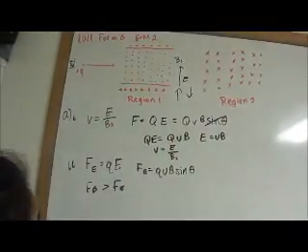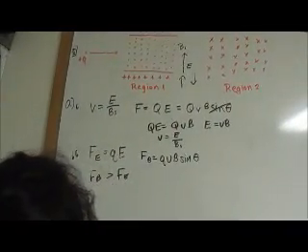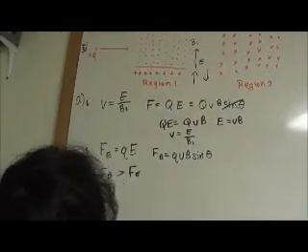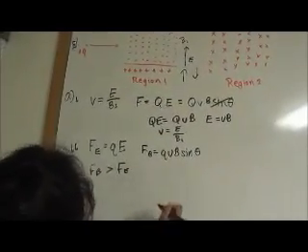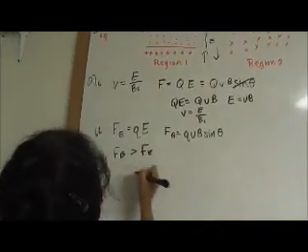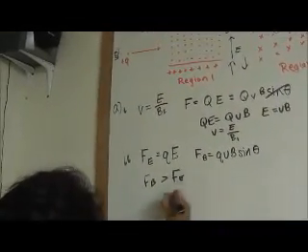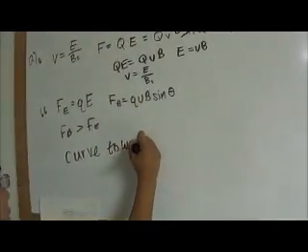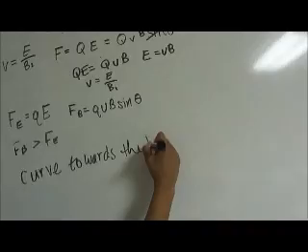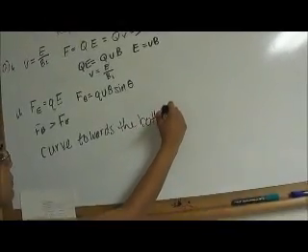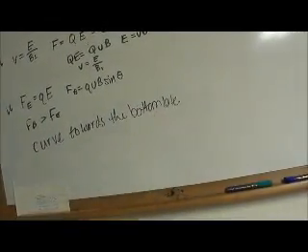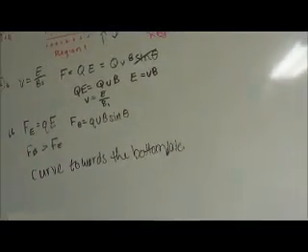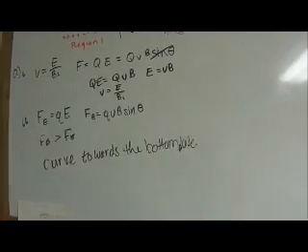But since the magnetic force is larger, the charge will be attracted to the bottom plate. And so we can expect the charge to go down and curve towards the bottom plate. And that was simply through the right-hand rule. Alright, so that's it for part A.